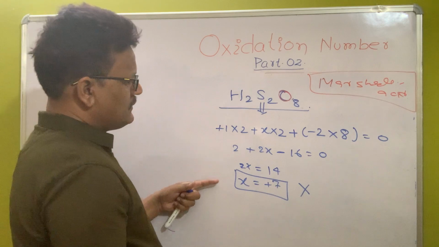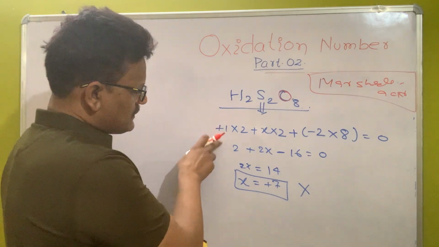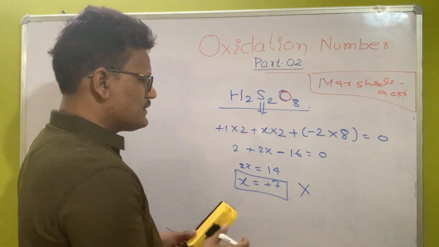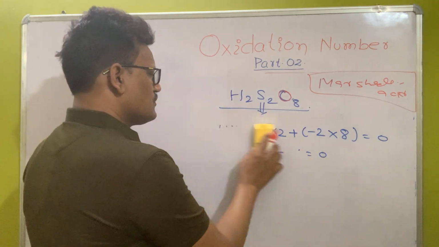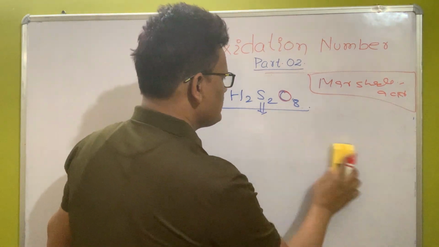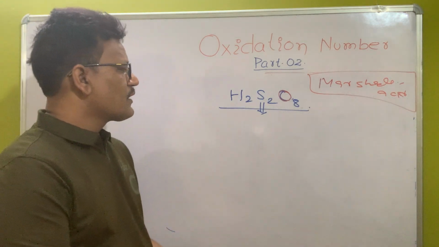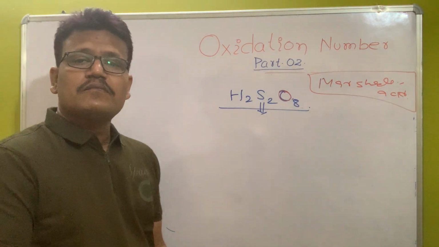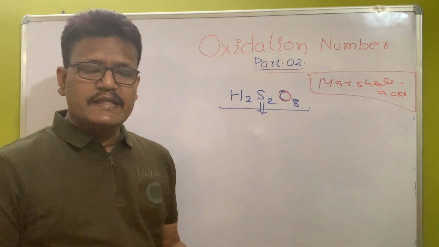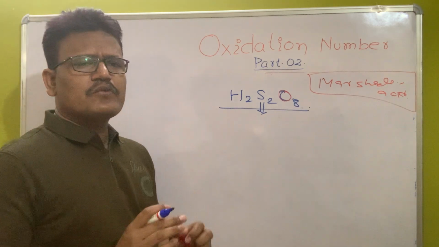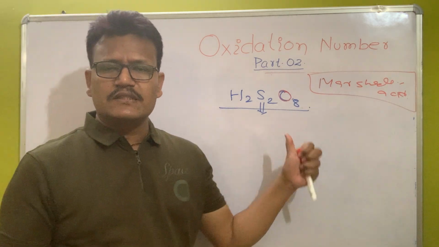So using this calculation we have +7, which is not correct. So in the case of H2S2O8, it must have peroxide bond, peroxide linkage. So first we have to calculate the number of peroxide bond in H2S2O8.